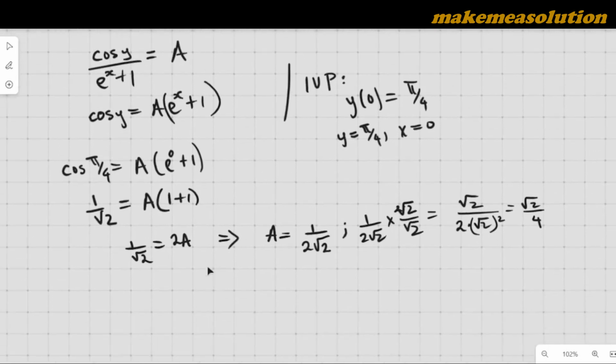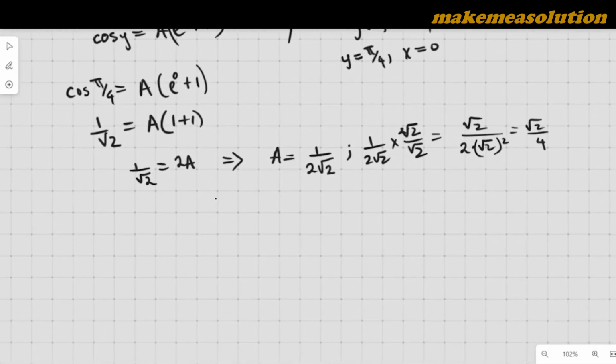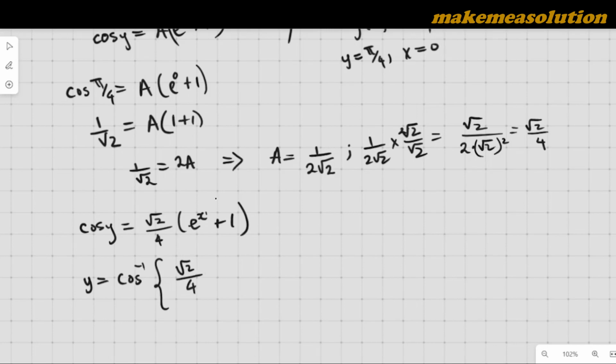So all we now have is cos y is equal to root 2 over 4 times exponential x plus 1, like this, or y is equal to cos inverse of root 2 over 4 times exponential x plus 1.